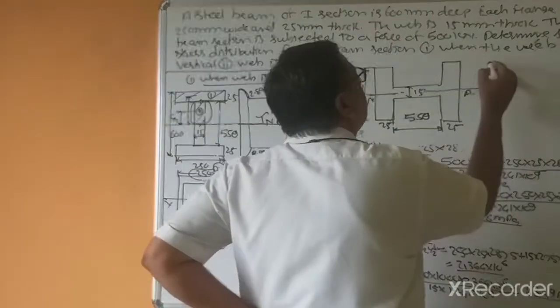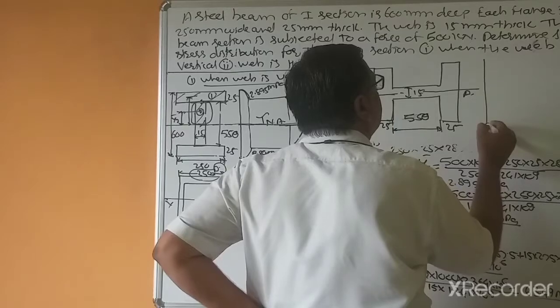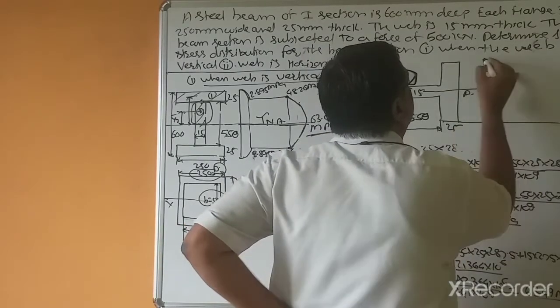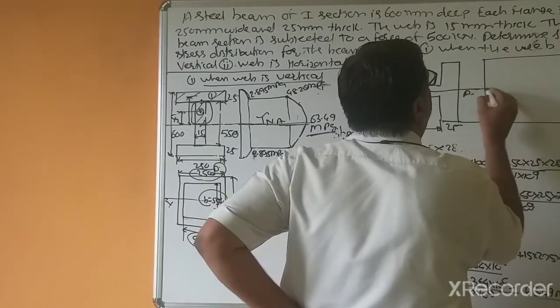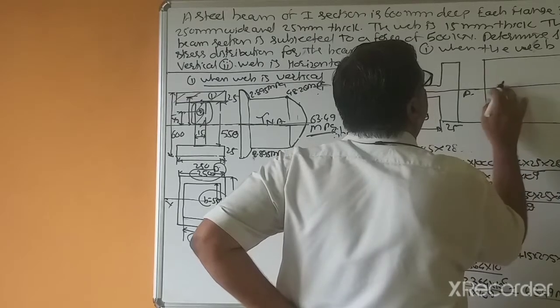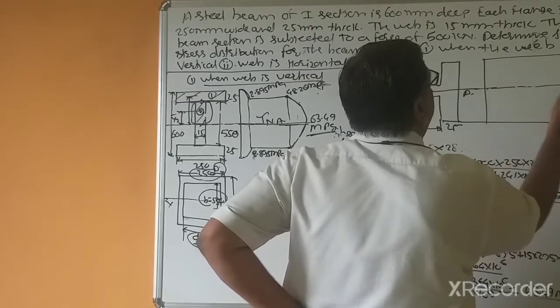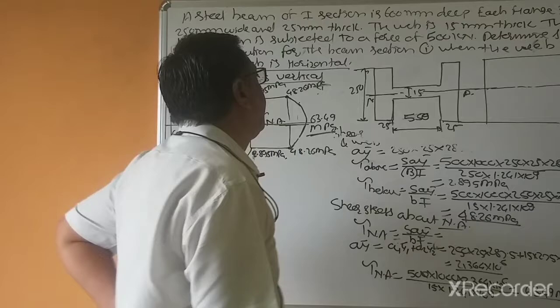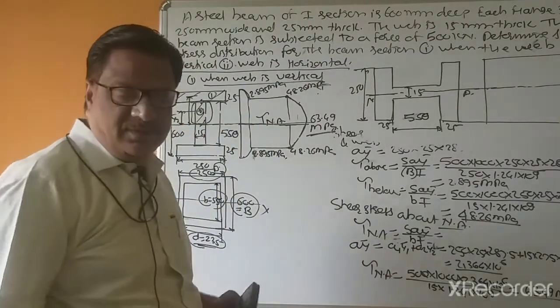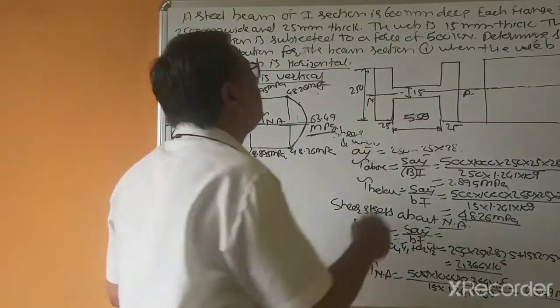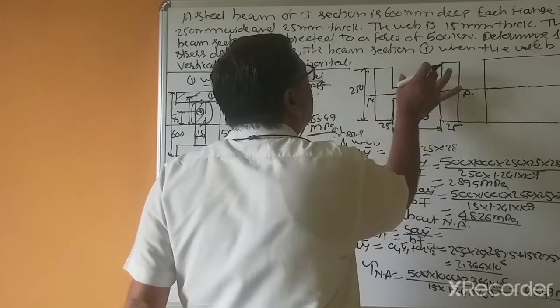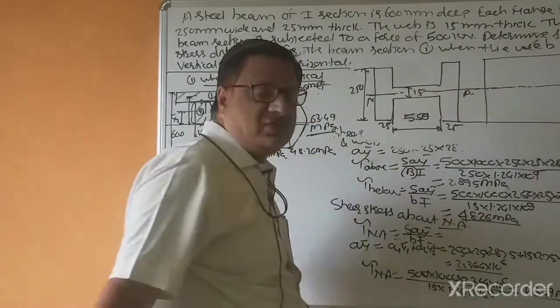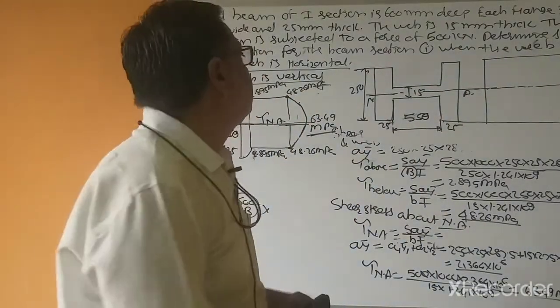Now distributions above the shear stress. We'll see. So H section, but this is hollow portion. So this is symmetrical. This hollow portion, this is not passing through the neutral axis.